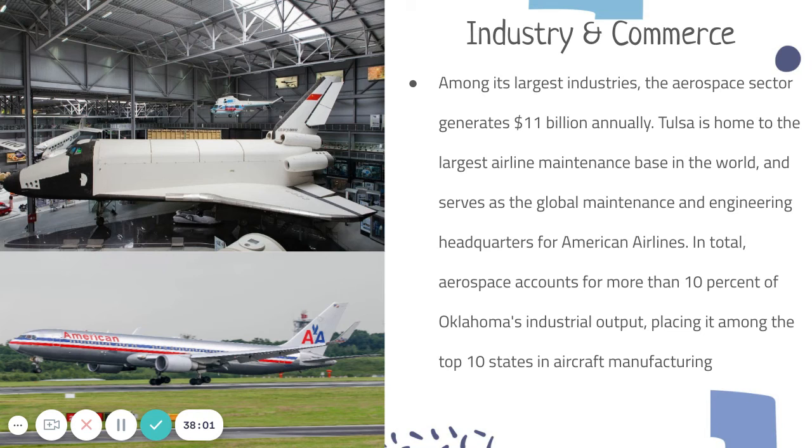I mean, that's the headquarters for American Airlines. That's where they are going to do all their maintenance and engineering projects on all their aircraft. And so we see that this industry is growing in Oklahoma. It takes up 10% of our industry. That is a large part.